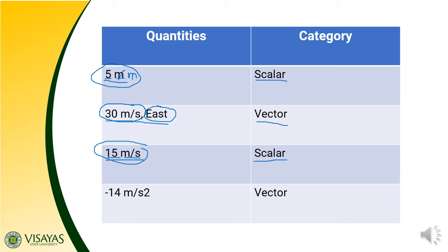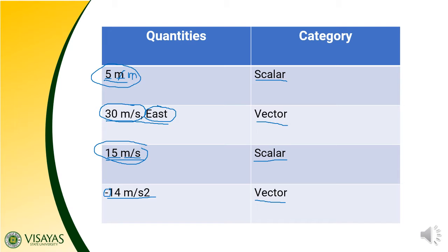So how about the last one, the negative 14 meters per second? It is a vector quantity, although if we look closely, there is no direction, right? So why is it that it is a vector quantity? Because the direction is indicated by this negative sign. This negative sign indicates the direction of the movement of the object, if it is leftward or downward.